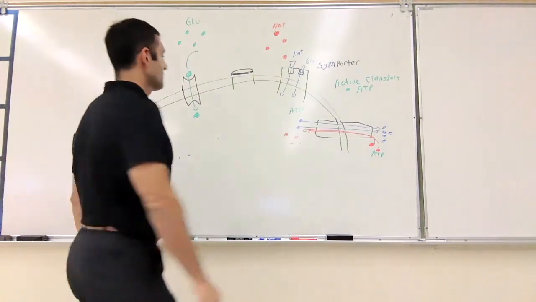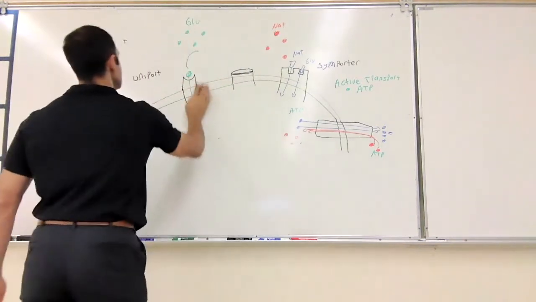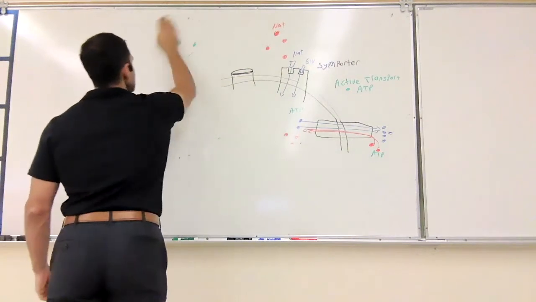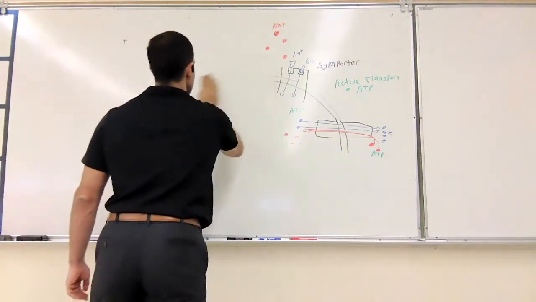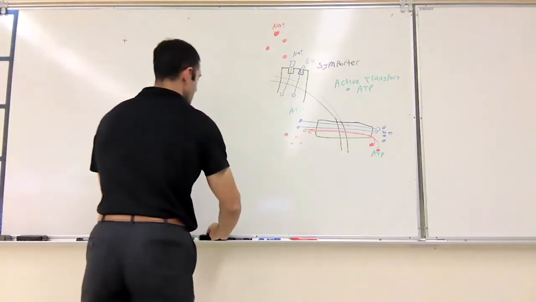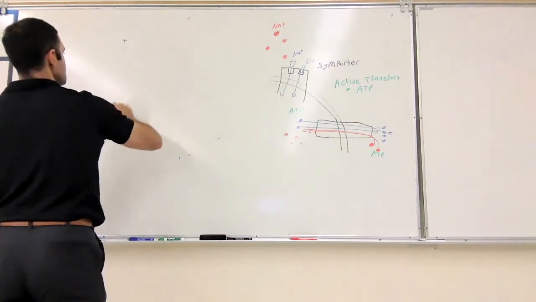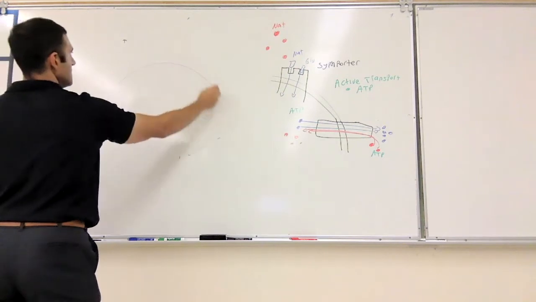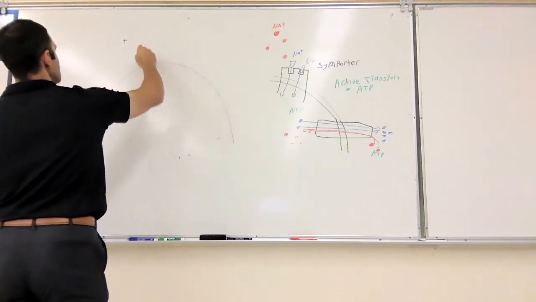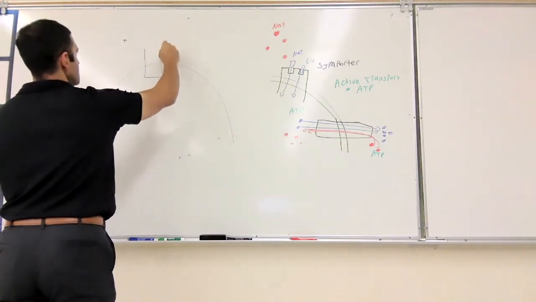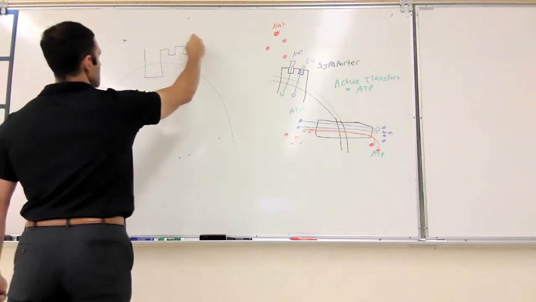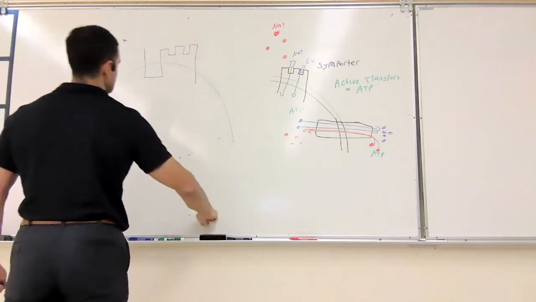However, secondary active transport, which I'll draw here, is a bit different. So this is a cell again. This is our secondary transporter. Make it nice and big. Actually, I kind of messed up on that.